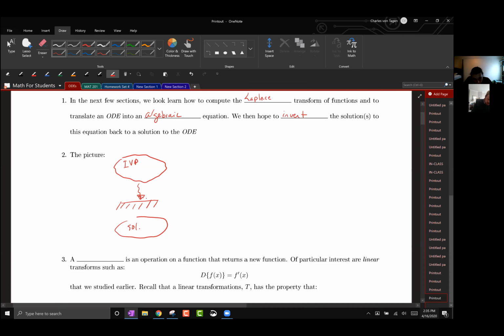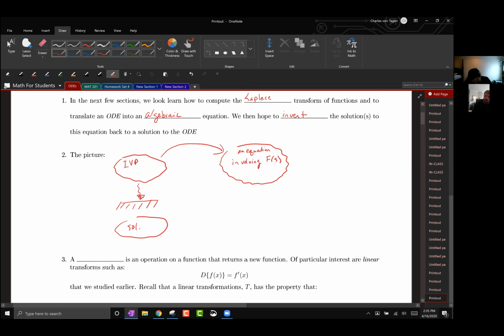And so what we're going to do is convert the original IVP into an equation involving a function F of s. Okay? So we're going to take this IVP and transform it over into this S space.